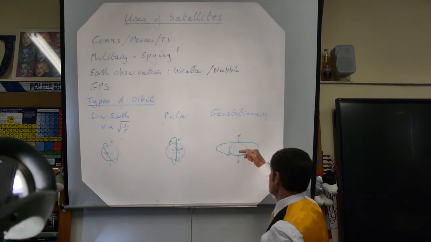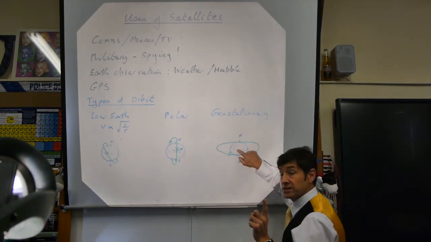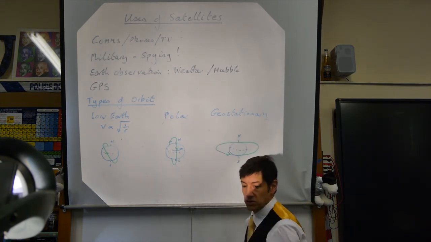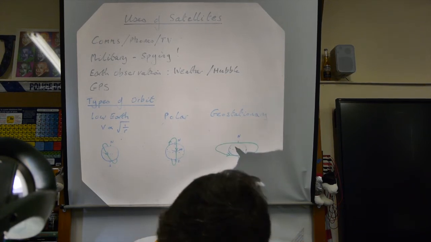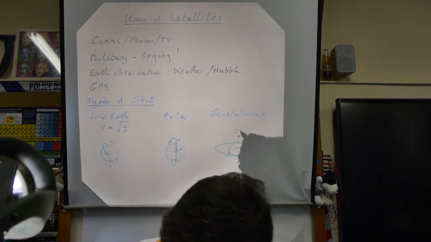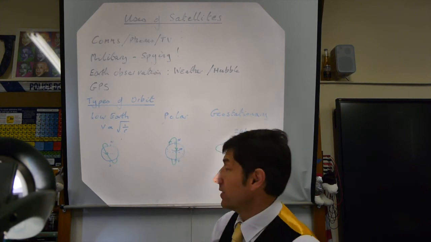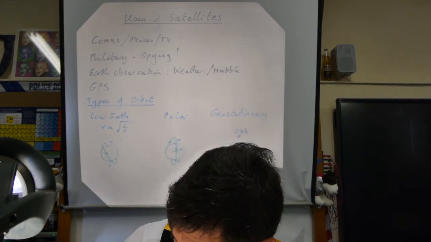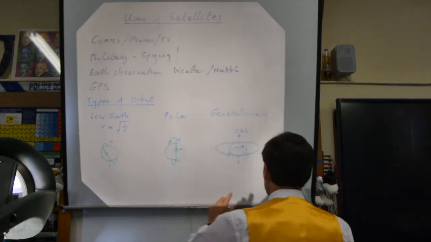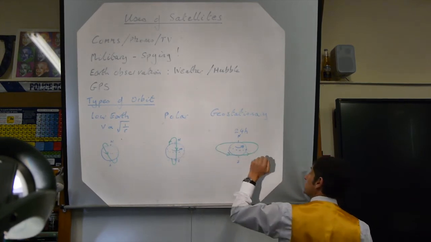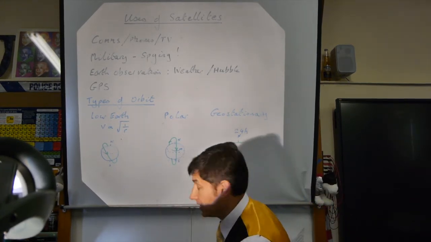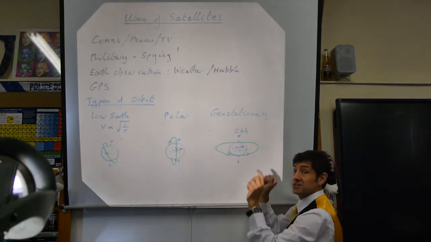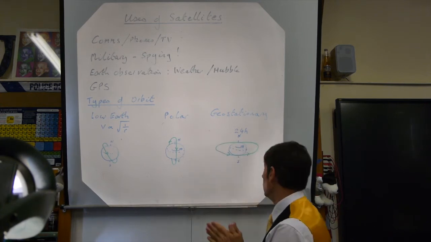But with the geostationary satellite, we can position our antennas on the equator and look up, and if the Earth goes round once every 24 hours, and the satellite goes round once every 24 hours as well, then the clever bit here is, as the satellite whizzes round once a day, and the Earth does the same, the satellite will stay over exactly the same point of the Earth at all times.